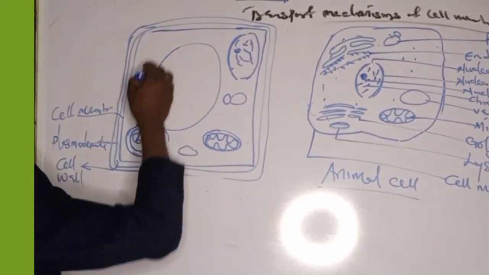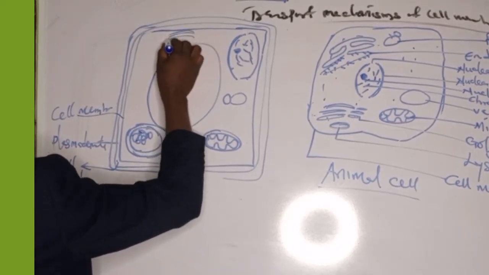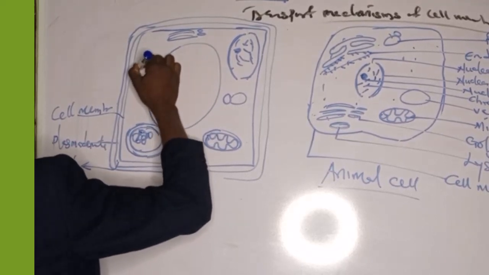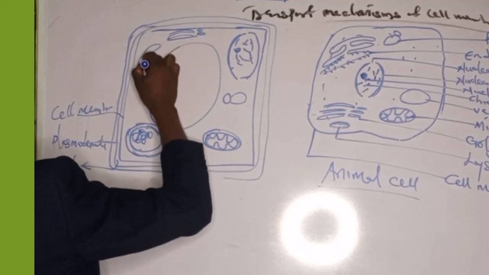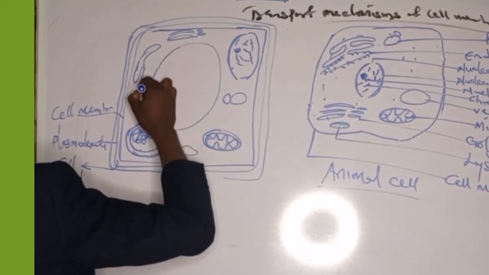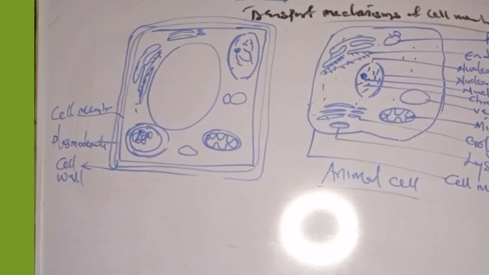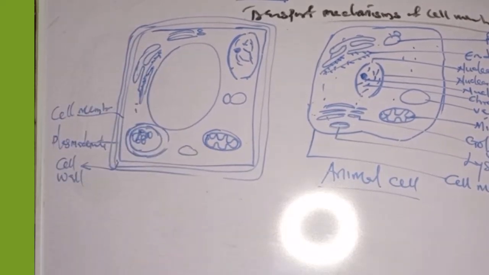You take your Golgi vessels or Golgi apparatus. You draw your endoplasmic reticulum.